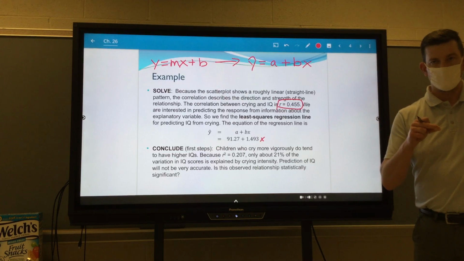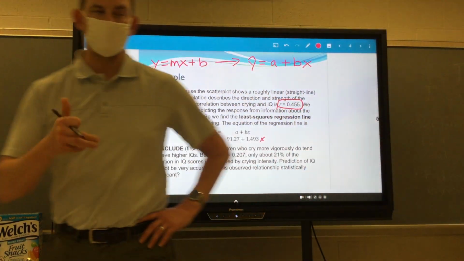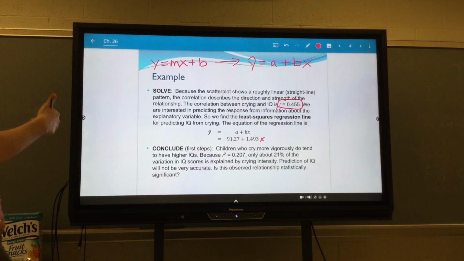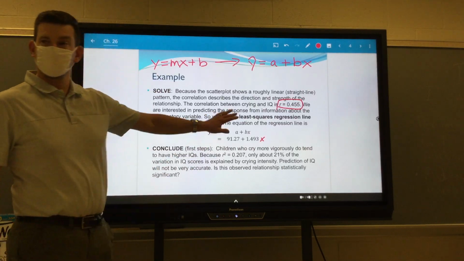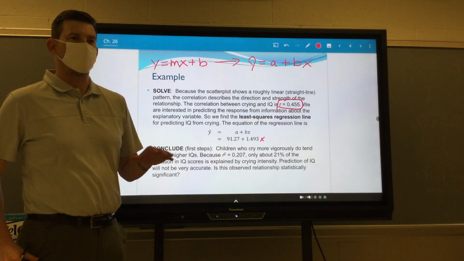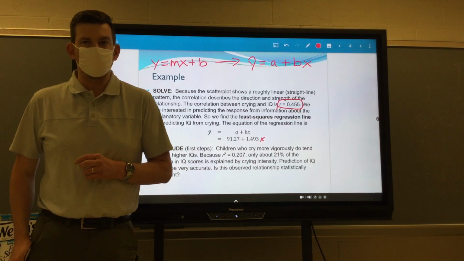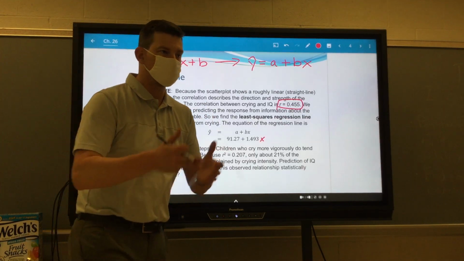Only about 21% of the variation in this case can be explained by this model. So we have 79% of that variation. We saw that it wasn't by any means a perfect model here. 79% of this variation is unexplained. There are other factors that are contributing to it.